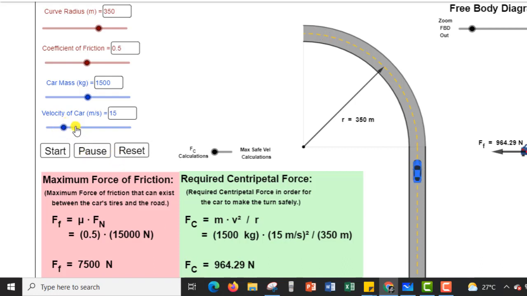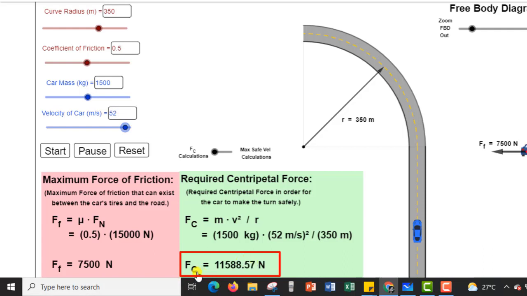Bila teacher increase nilai velocity, you will find out that the value of centripetal force is getting larger. Okay, so I increase, so it will get larger and larger.